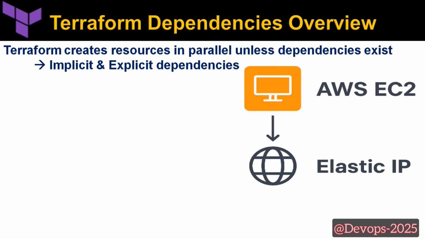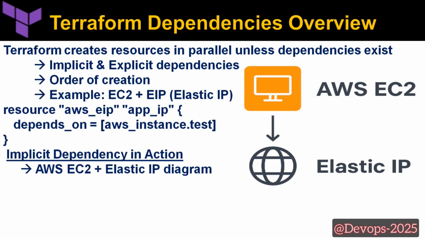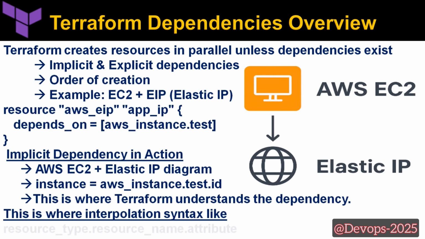Now, what do we mean by implicit dependencies? If one resource depends on another resource, for example, if an Elastic IP must be attached to an EC2 instance, that's where Terraform automatically figures that out through interpolation. Interpolation means there is a resource type, name, dot, attribute.